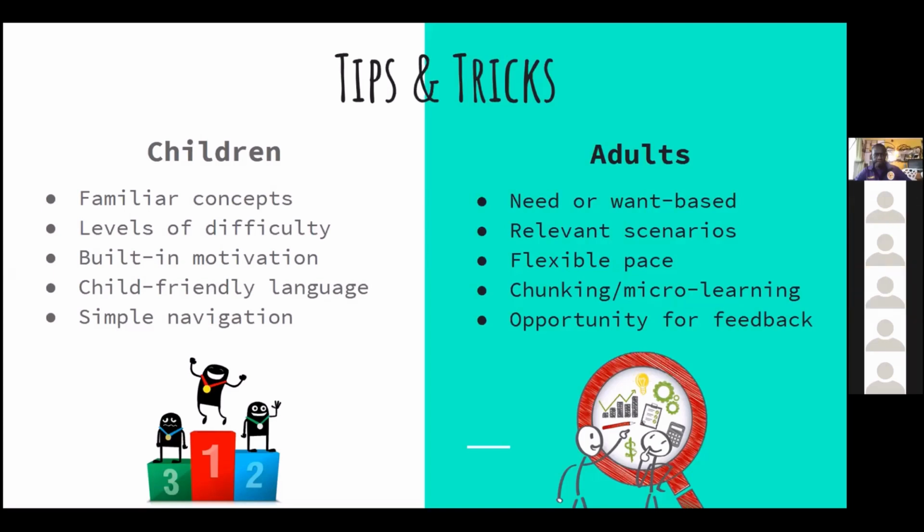These can be topics they've covered in school or in an informal setting. Questions, lessons, or topics should have varying levels of difficulty so that every learner remains engaged. Children, as we said, are also extrinsically motivated to learn, so building in motivation to a digital learning experience is very helpful. This could be something like a leaderboard or simply providing verbal encouragement.